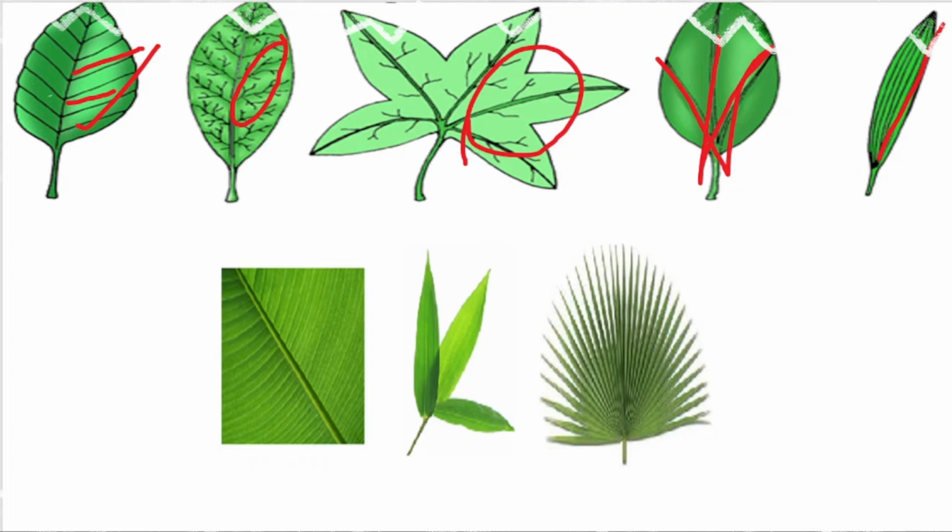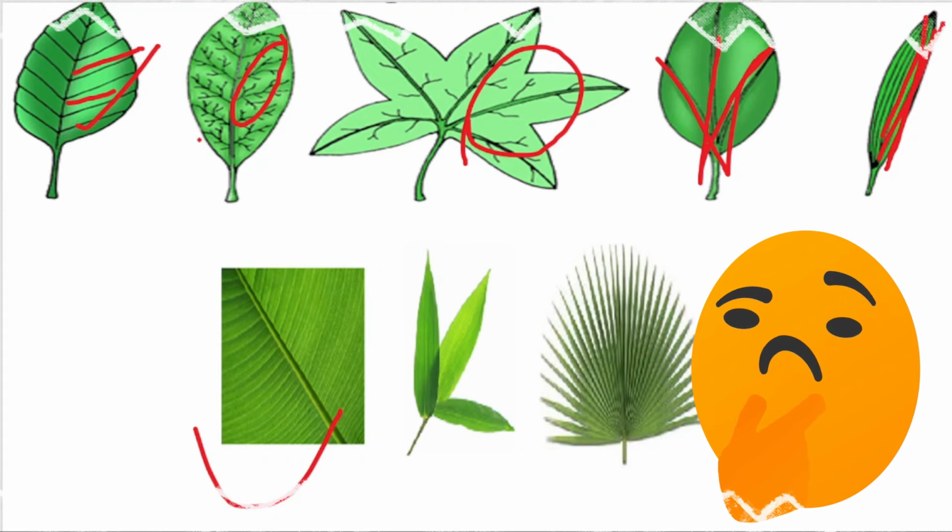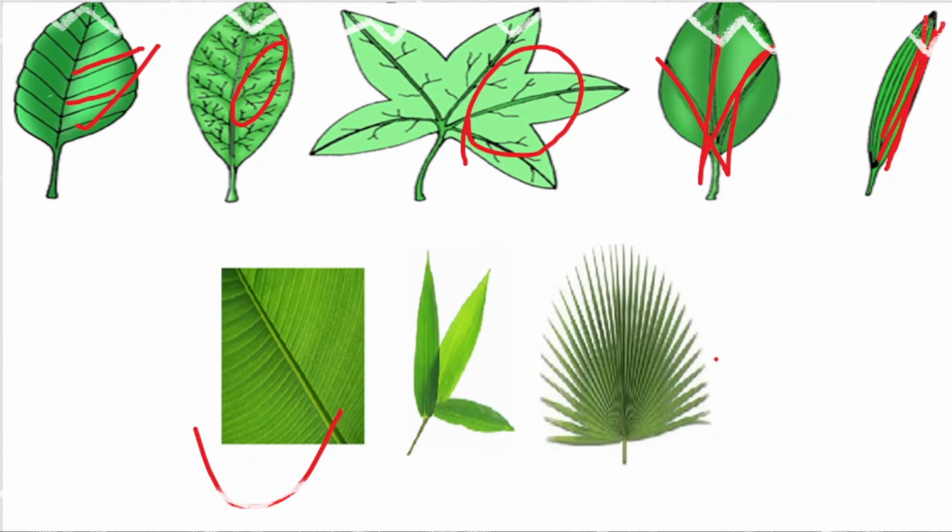Oh, and this is like a parallel kind of. Am I right or not? And now I can observe that the leaves are having different kinds of patterns.